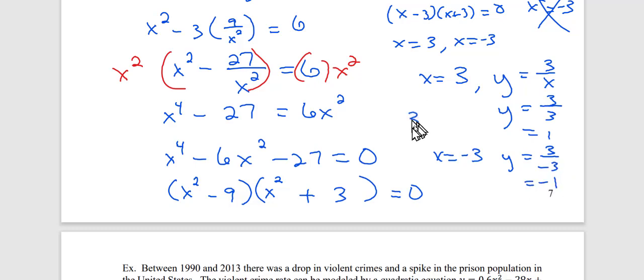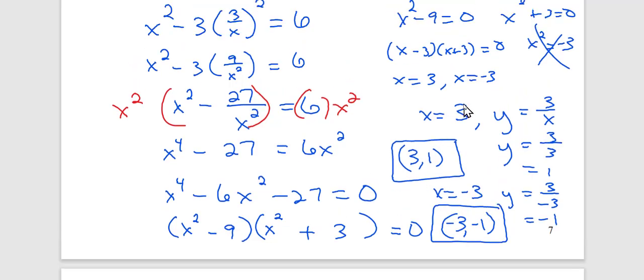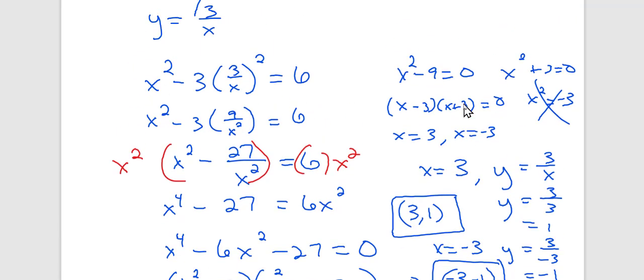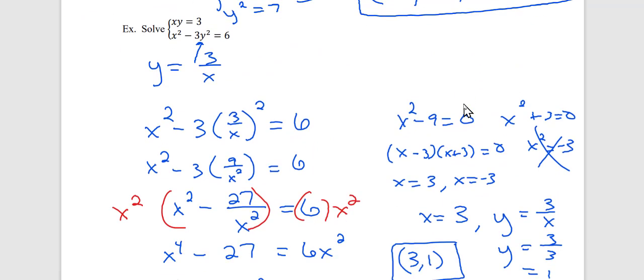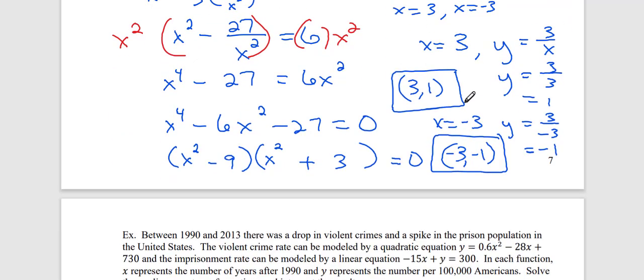So I get the ordered pair (3, 1) and the ordered pair (-3, -1) as solutions to this system of equations. So substitution works there. Addition really only works if you have the same variables with the same exponents, at least one of them. You have to have the same exponents so that you can get opposite coefficients on that.